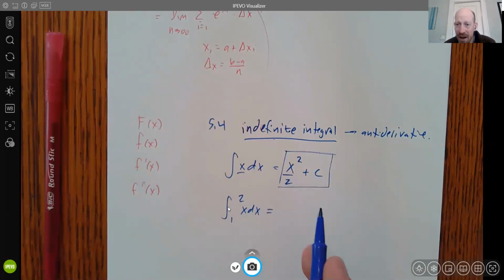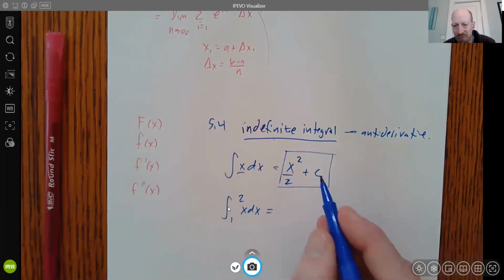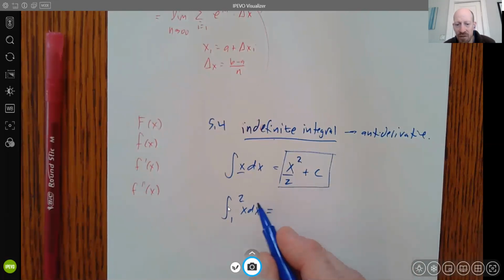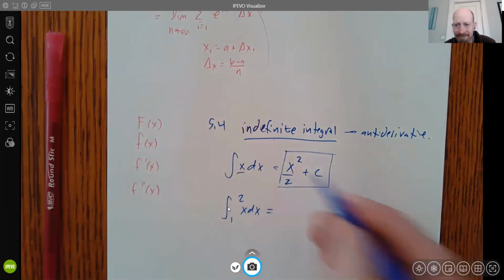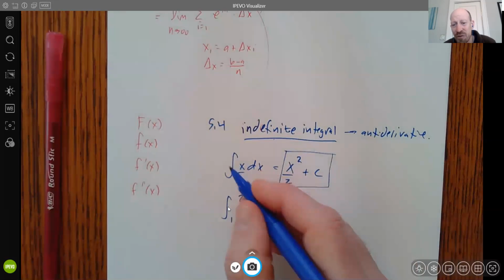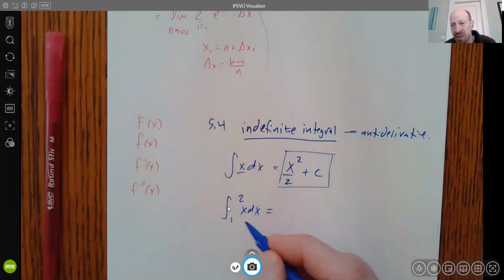Okay. Now, the confusion sometimes comes because a lot of times, actually all the time from here on out, we would like to solve this using the fundamental theorem of calculus. And to do the fundamental theorem of calculus, I have to know the antiderivative. So I need to do this in order to complete this using the fundamental theorem.